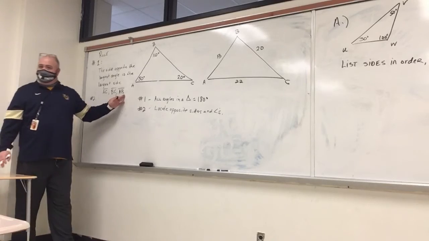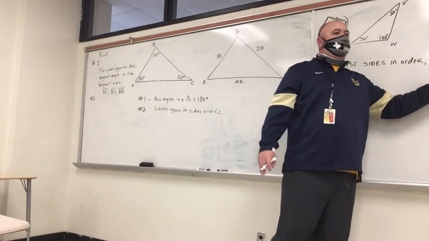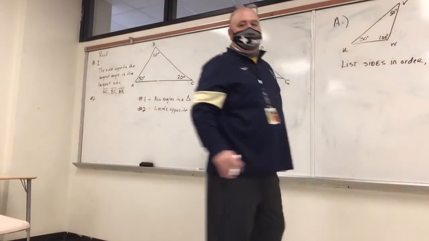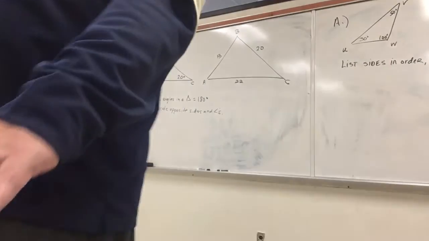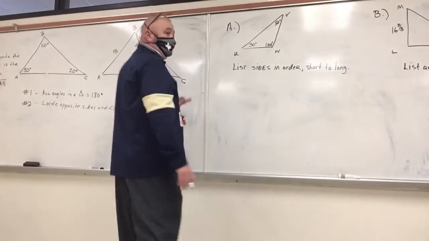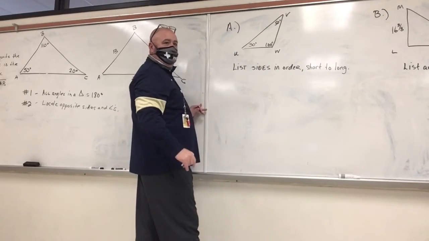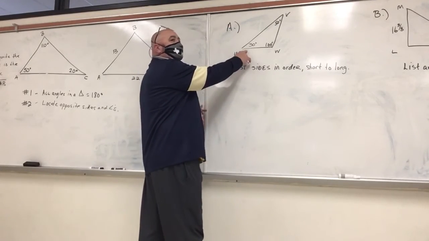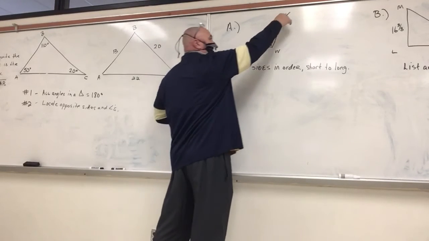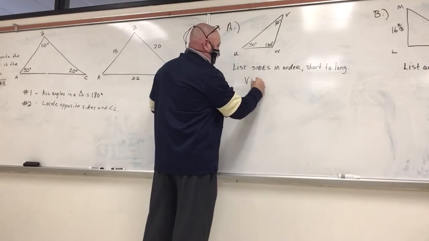You get it? Let's look at an example. List sides in order from shortest to longest. I need to identify my smallest angle first, because we're going short to long. What's my smallest angle here? 30. What side is opposite 30? VW.